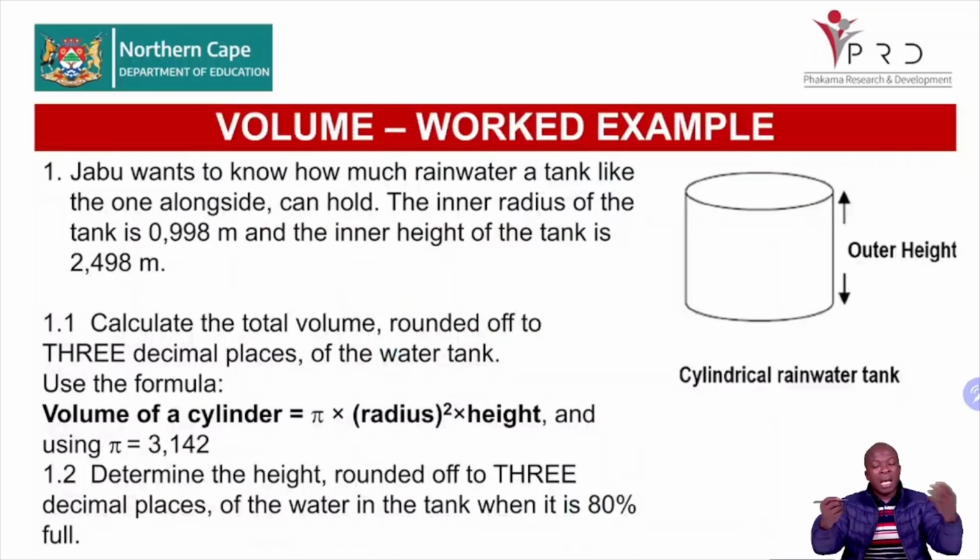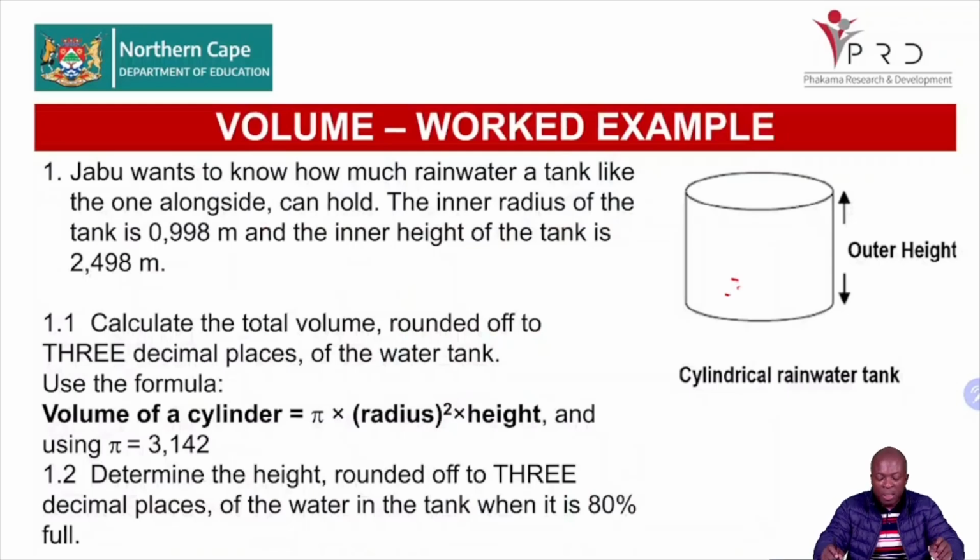So let's look at how we get to use all these things that I'm talking about. Jabu wants to know how much rainwater a tank like the one alongside can hold. The inner radius of the tank is 0.998 meters, and the inner height of the tank is 2.498 meters.